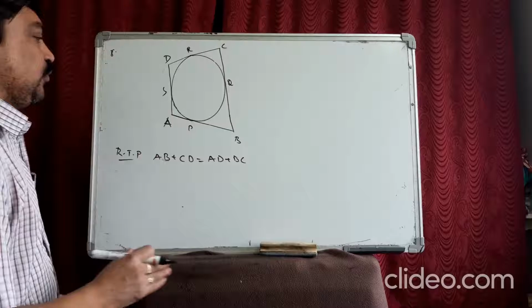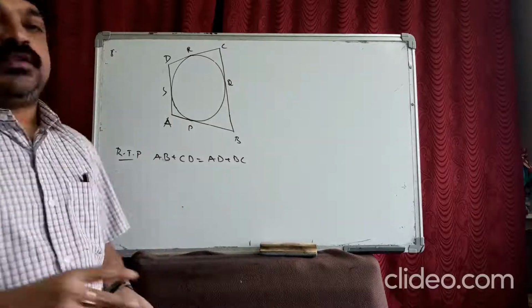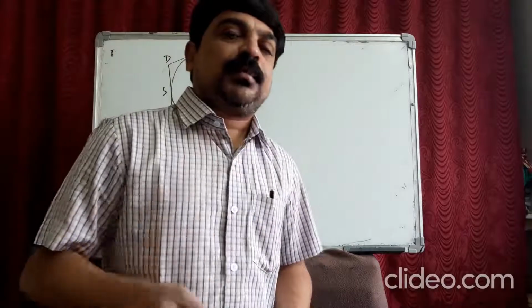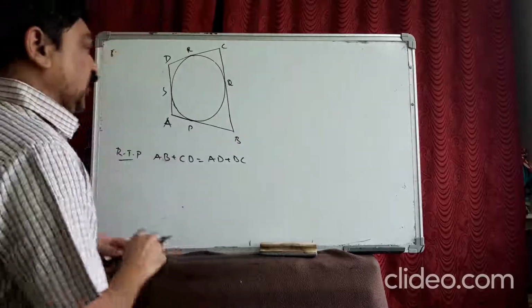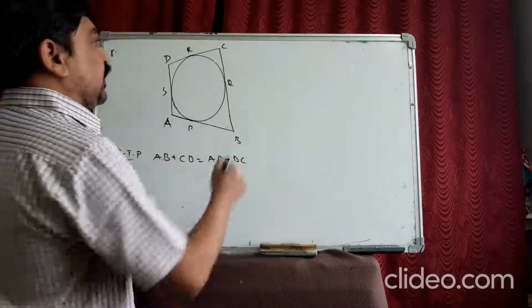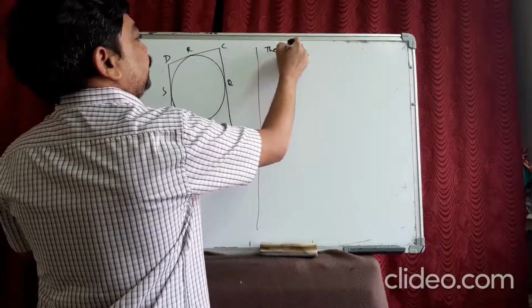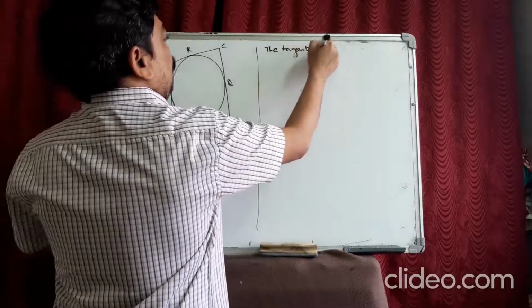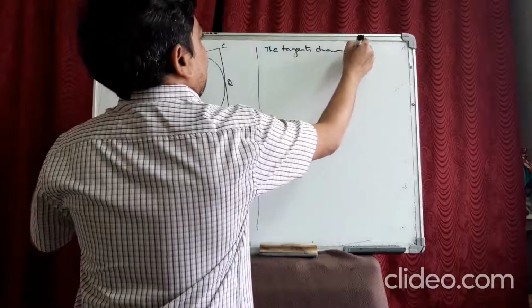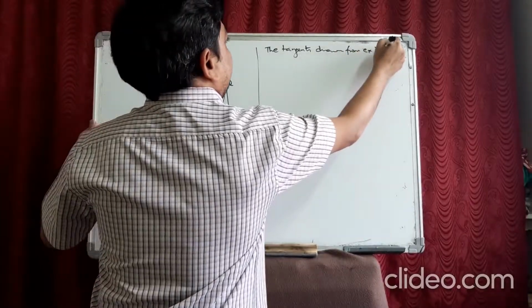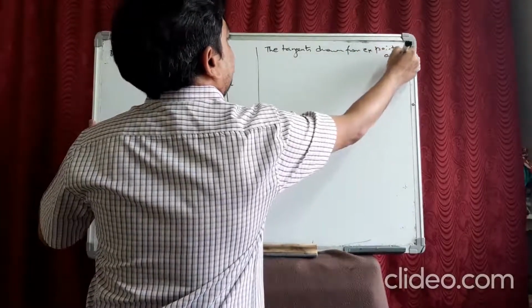First of all, the only thing that we apply here is the tangents drawn from an external point are equal. So no construction is required here. See, the tangents drawn from an external point are equal. That is the only thing we apply here.